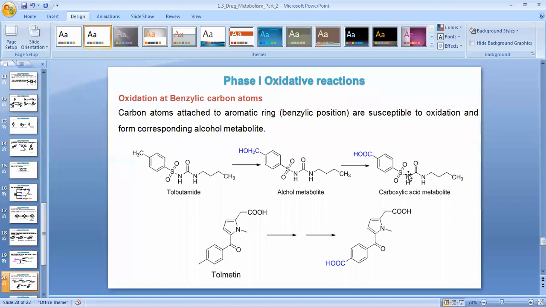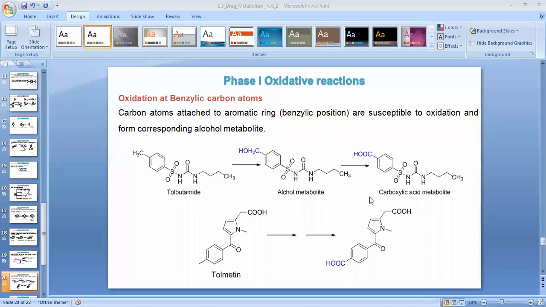There are other drug molecules, such as tolmetine, which is metabolized in a similar way because one more methyl functional group is attached to the tolmetine. So this also proceeds with the same mechanism of metabolism to form its carboxylic acid derivative.